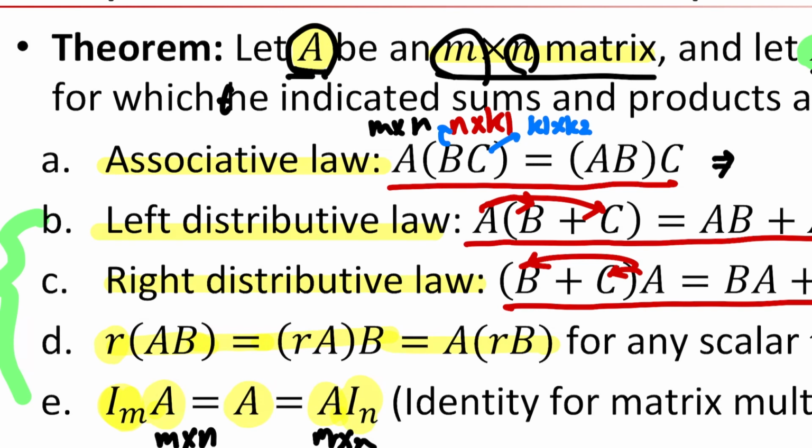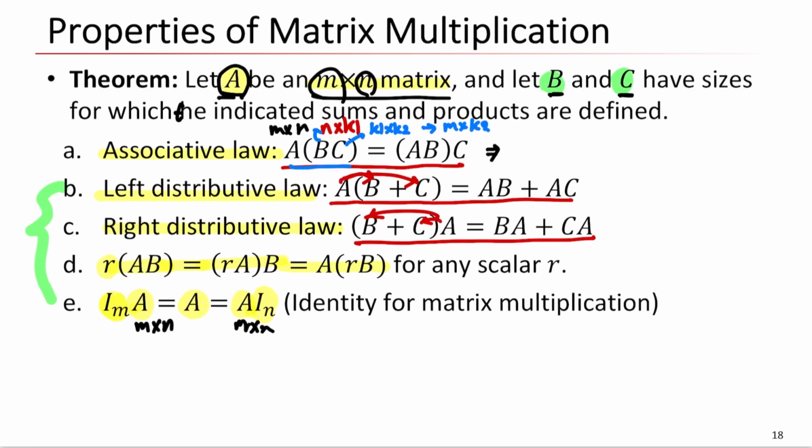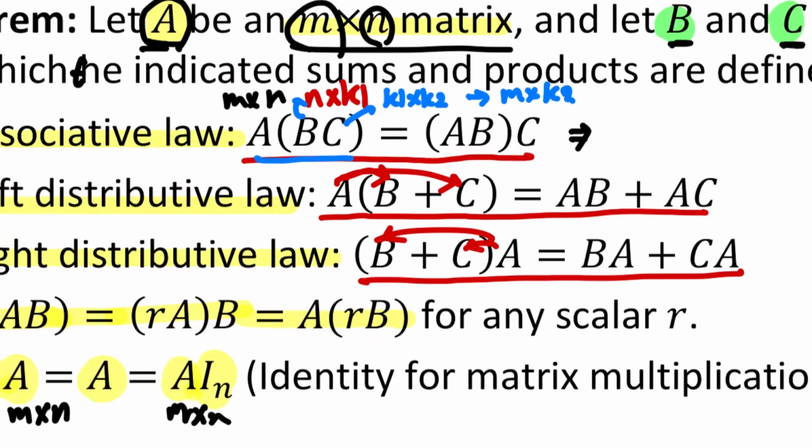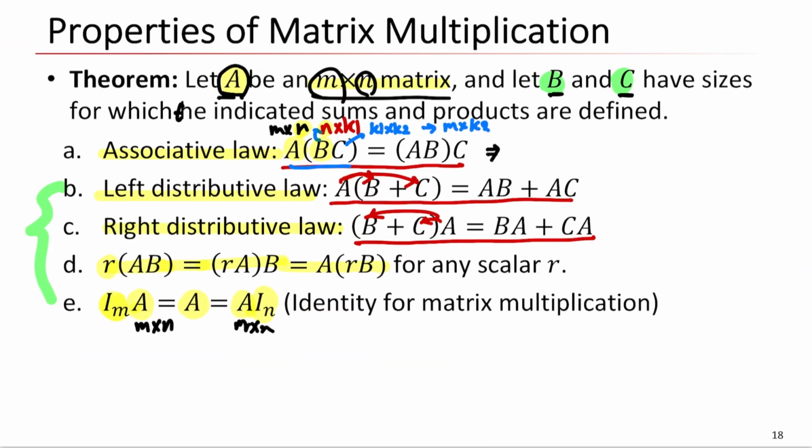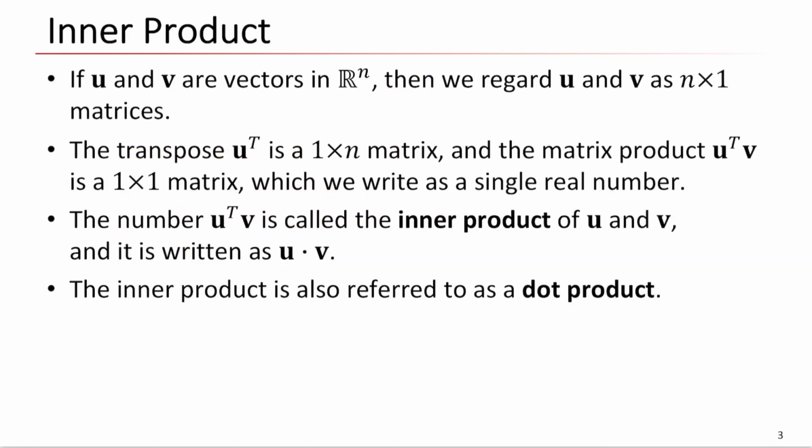So in this case, the output of this computation would be m times k2. Please keep in mind that to compute the matrix multiplication, the number of columns of A and the number of rows of B should be the same. Okay, so please check this property again. Let's go back to today's lecture.